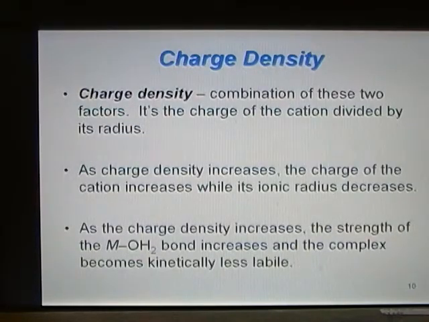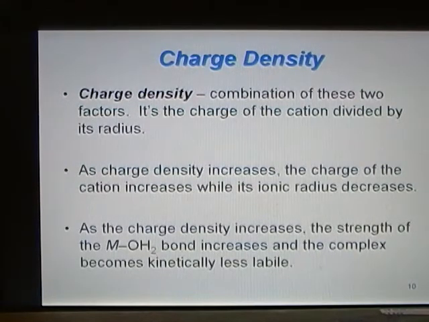We can combine these two ideas into one criterion called charge density. Charge density is the combination of cation size and cation charge. It is defined as the charge on the cation divided by its radius.